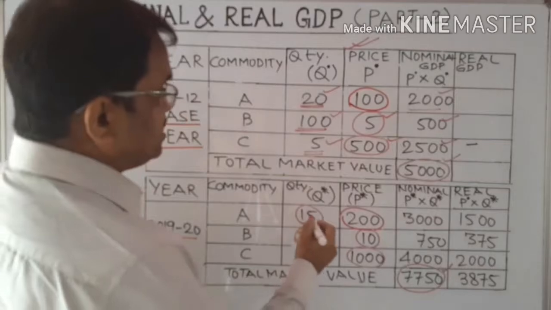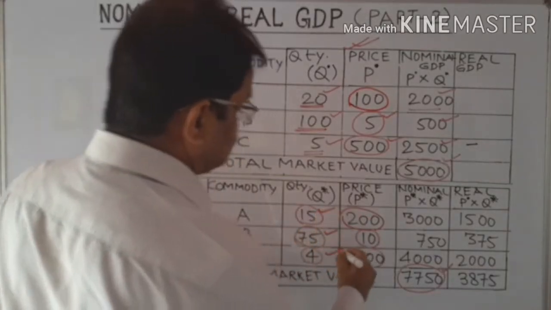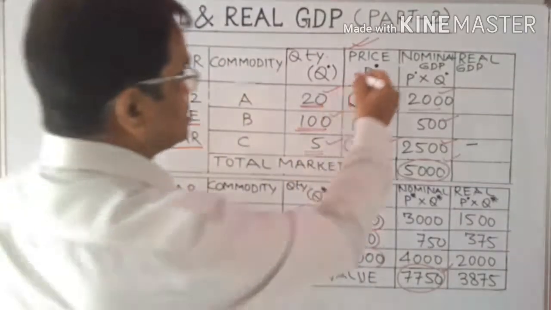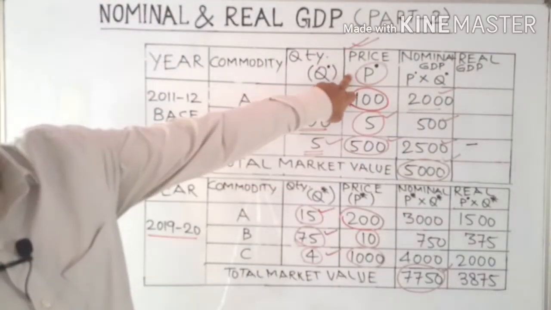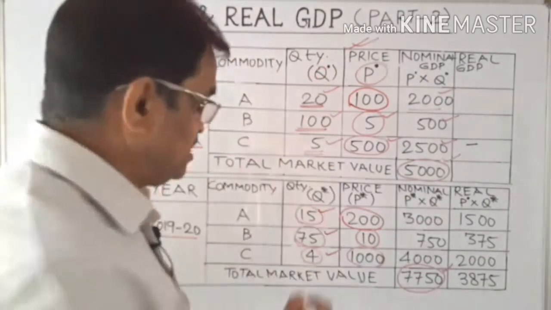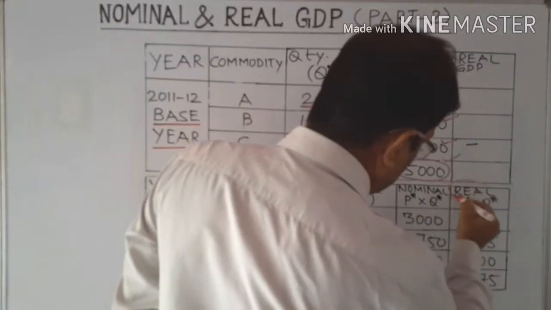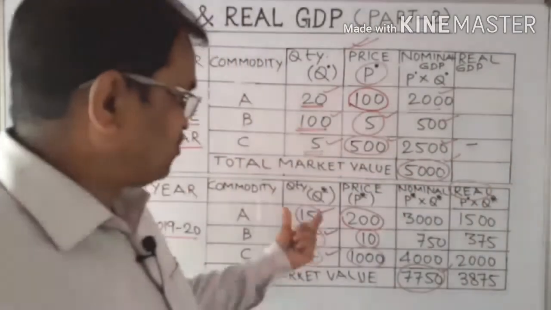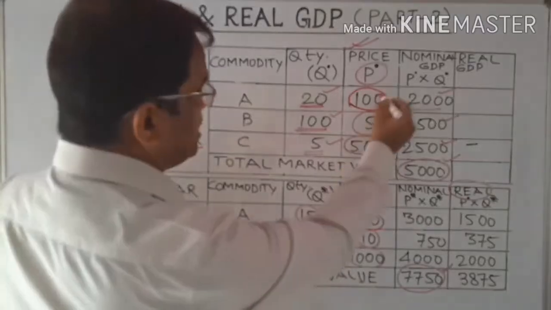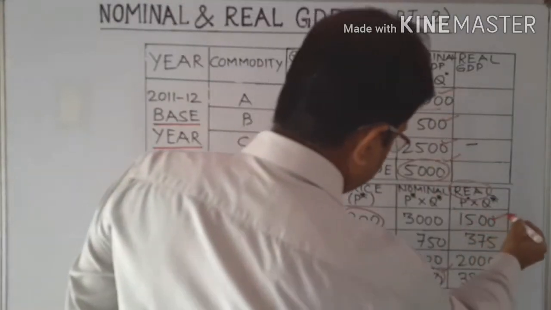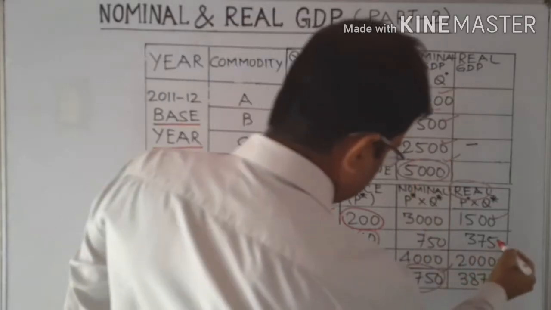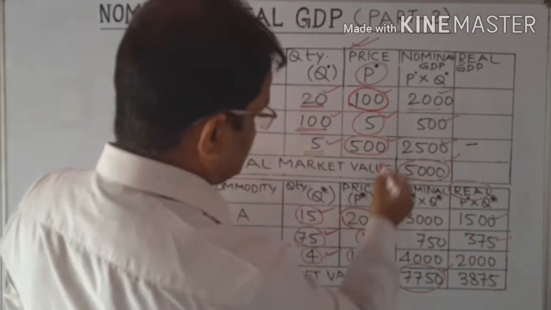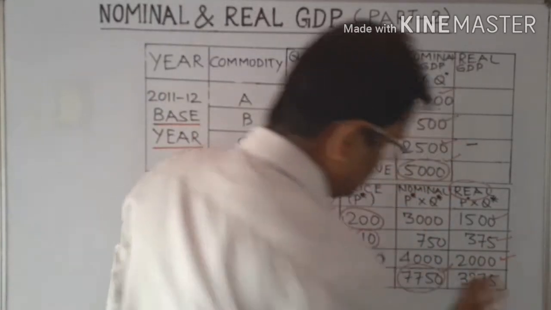But when we calculate the value of output at constant prices, means prices prevailing in the base year, then what is the actual value, called the real value? For commodity A, 15 into 100, that is 1500, commodity B, 75 into 5, that is 375, and 4 into 500, that is 2000.